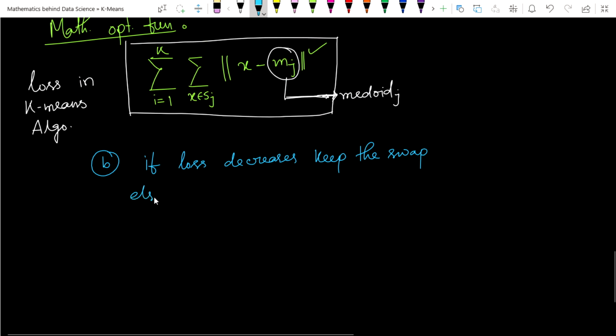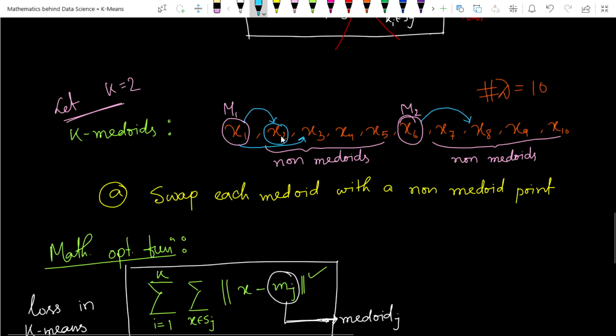Else we undo the swap, and again make this one our main centroid.